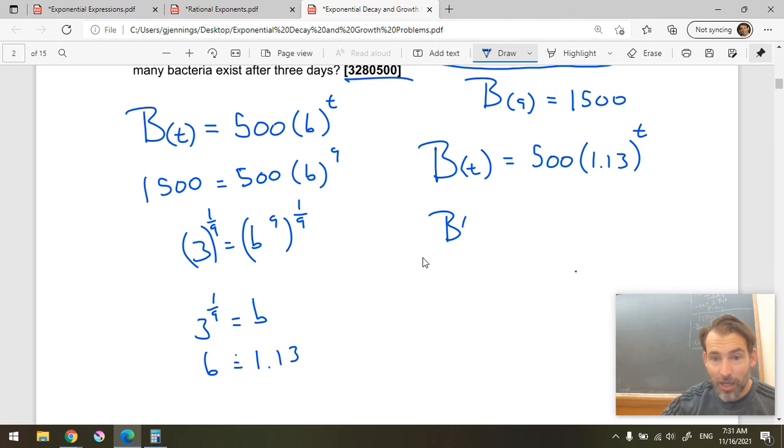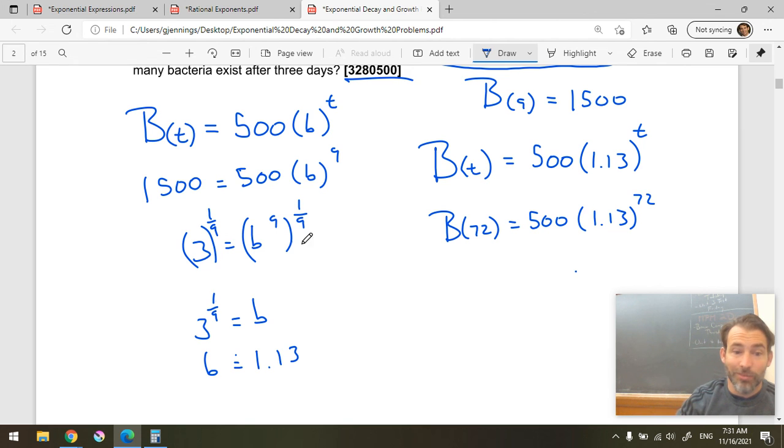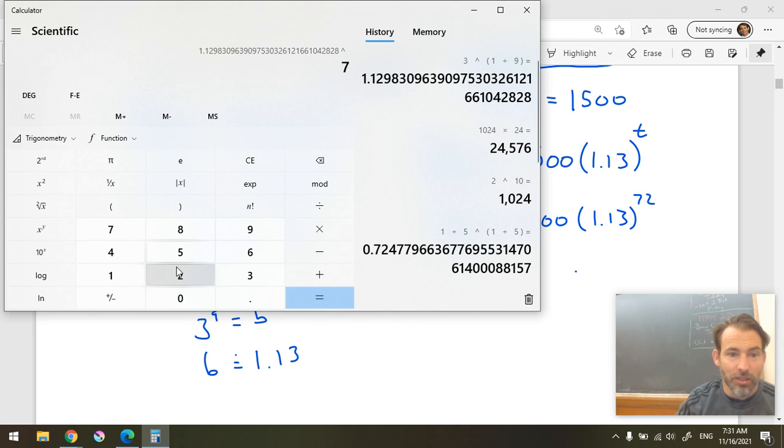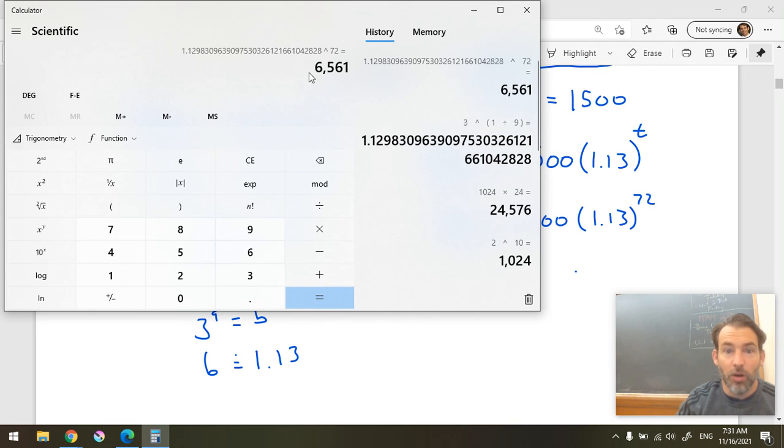So B at 72 equals 500 multiplied by 1.13 to the 72. Raising something to the power 72 is not something you want to do as a repeated multiplication. You're going to use your y to the x button and go 72 here equals, whoa, it's 6,561 times as big.